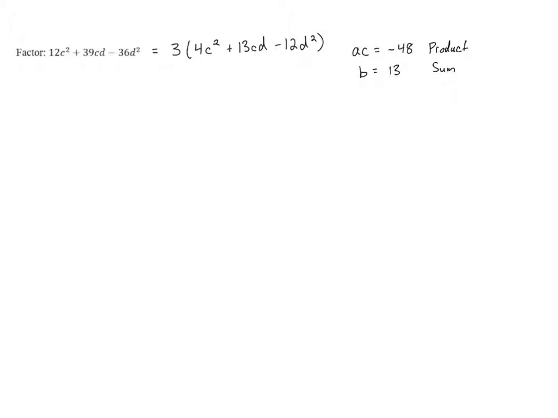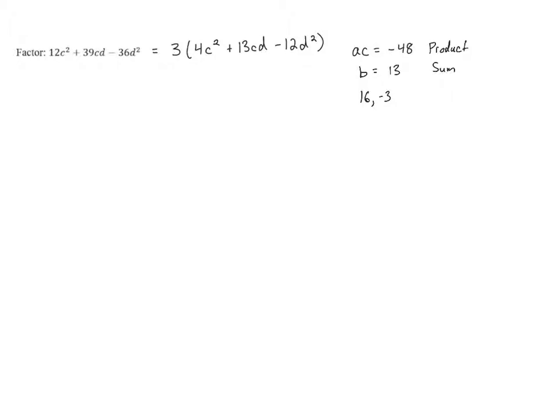It might take you a little bit of time to come up with those numbers, but I will give them to you. They are 16 and negative 3. 16 times negative 3 does give us negative 48, and 16 plus negative 3 gives us 13.